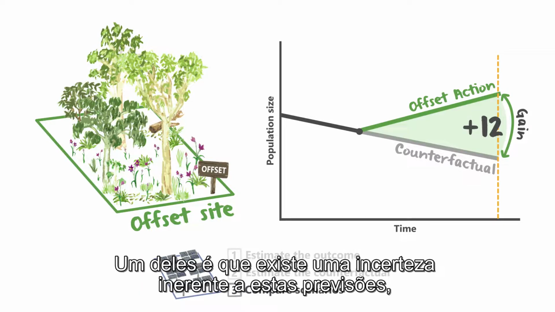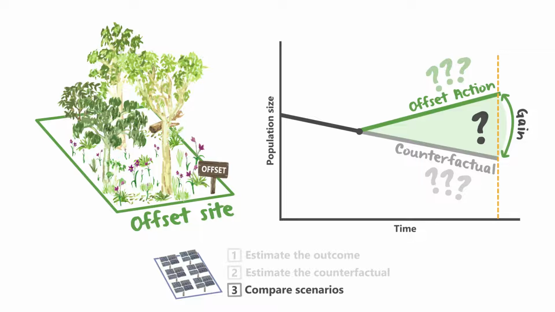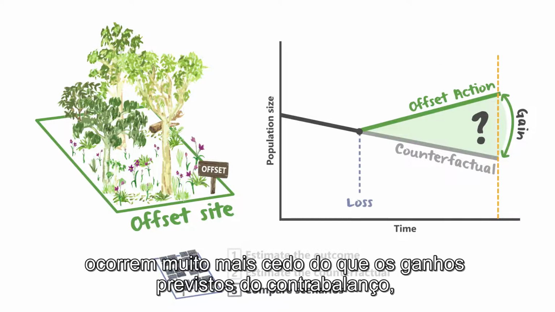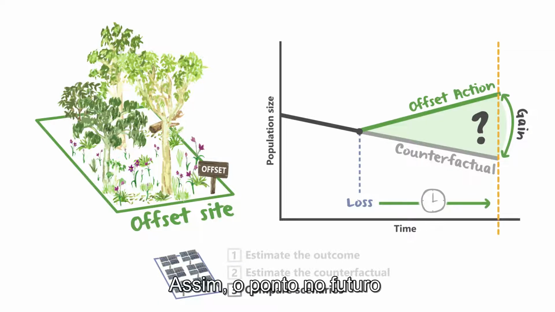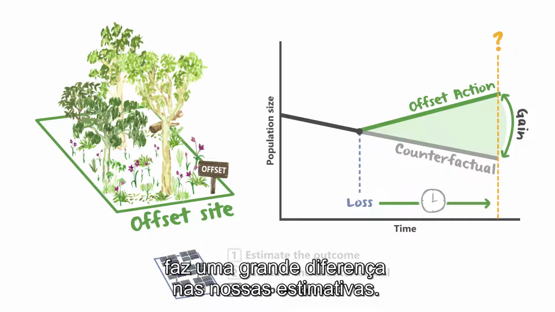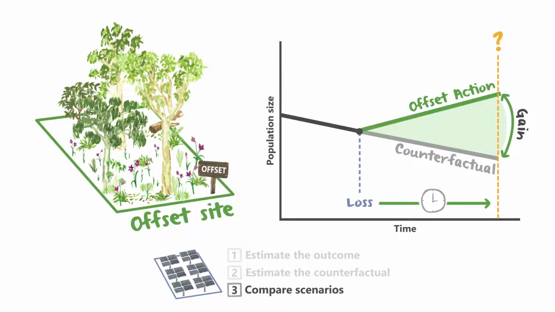One of these is that there is a lot of uncertainty around these predictions, and so the estimate of the gain resulting from the offset is also uncertain. The other is the issue that the losses from development occur much sooner than the predicted gains from the offset, which can take decades to occur. So the point in the future at which we predict our offset gains to occur makes a big difference to our estimates. In the next video, we consider how to deal with these issues.